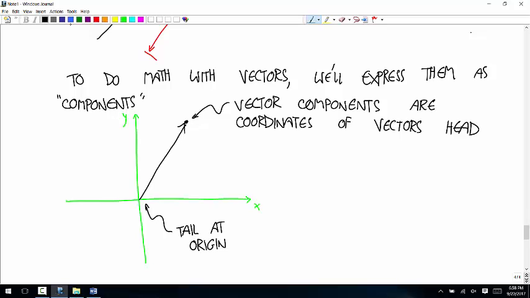And another way to think of that is you can break this vector up into a path along the x-axis and a path parallel to the y-axis.